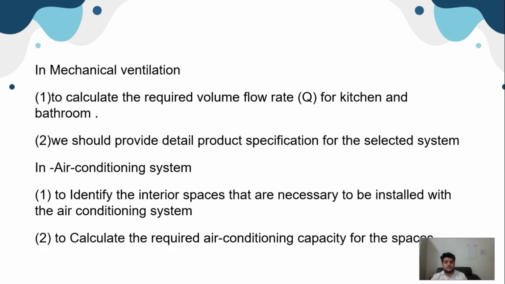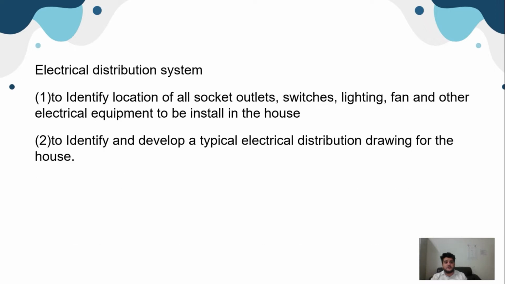For the air conditioning system, to identify the interior spaces that are necessary to be installed with the air conditioning system, and to calculate the required air conditioning capacity for all the spaces. For the electrical distribution system, to identify locations for all circuit outlets, switches, lightings, fans and other electrical equipment to be installed in the house, and to identify and develop a typical electrical distribution drawing for the whole house.